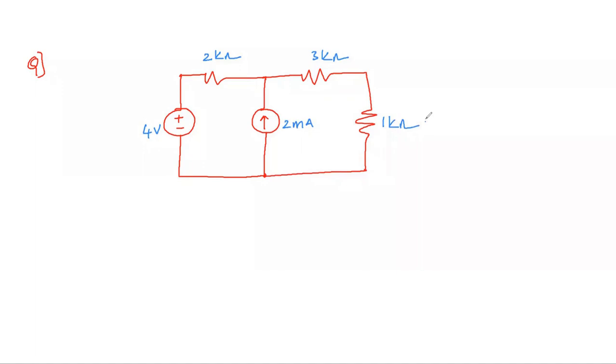Okay, so this is the question. What I need you to find is the Thevenin and Norton equivalent circuits for the network.